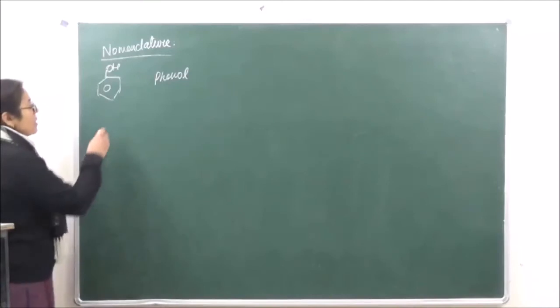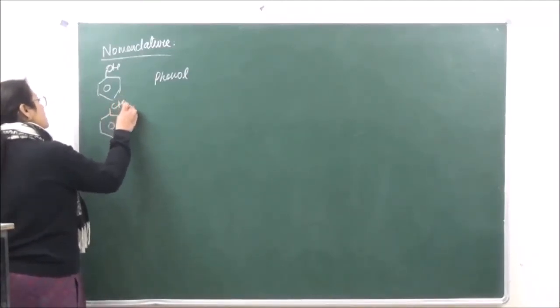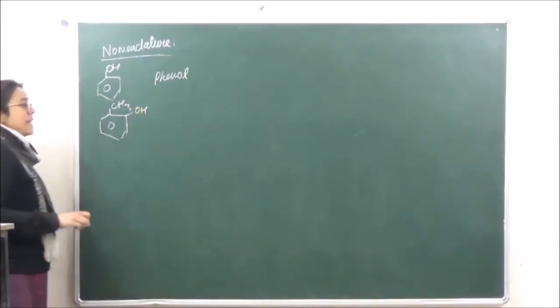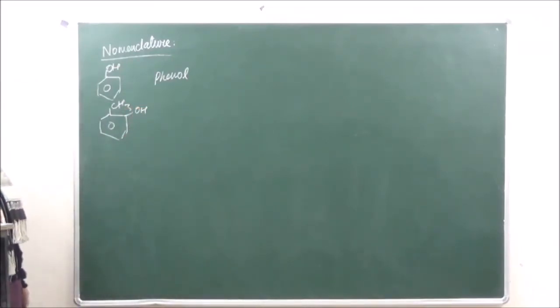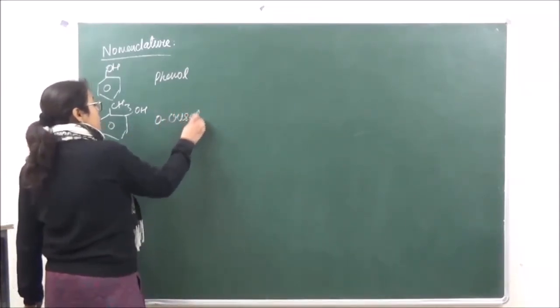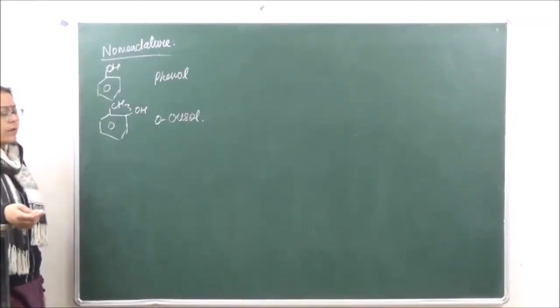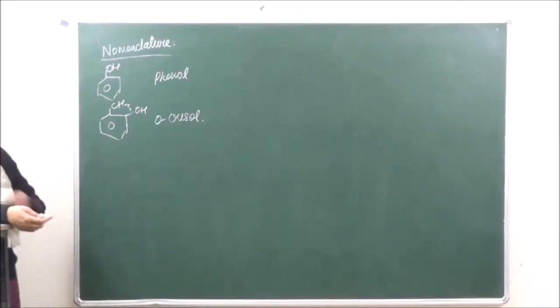Now if we have a CH3 group which is attached to it, this is known as orthocresol. Please remember all these common names because they are going to be important in any type of question. Okay, so this is known as orthocresol.